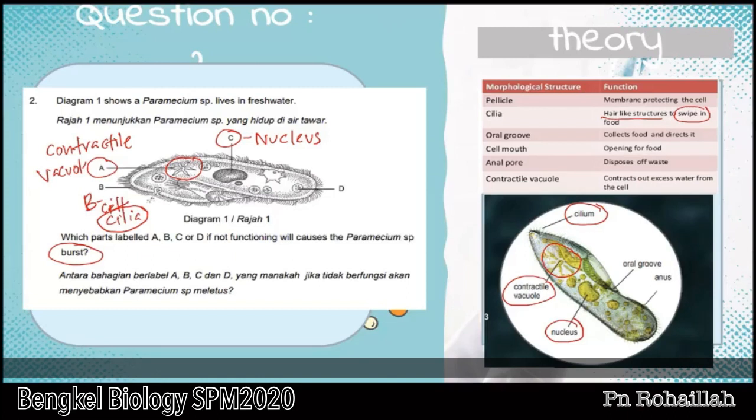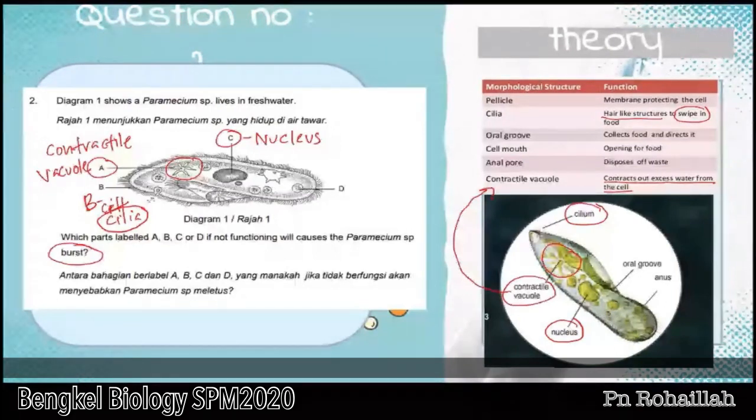So what is the function for this contractile vacuole? So you look at the top there. Okay, contract out excess water from the cell. So katakanlah this contractile vacuole ni rosak ataupun sudah is not function. So it cannot spill out the water, go out from the paramecium.